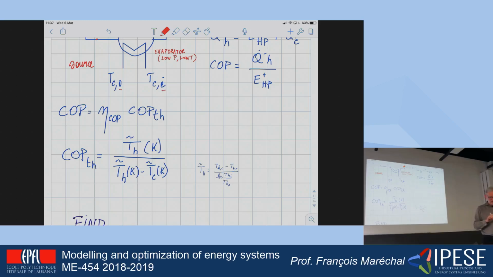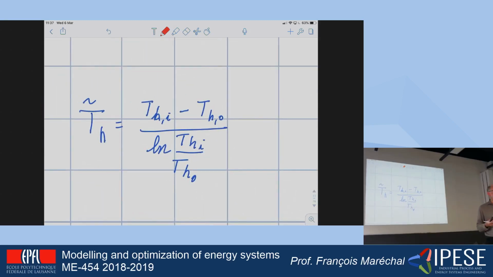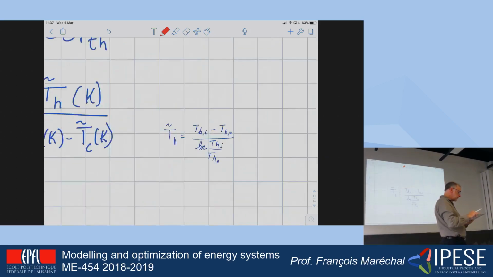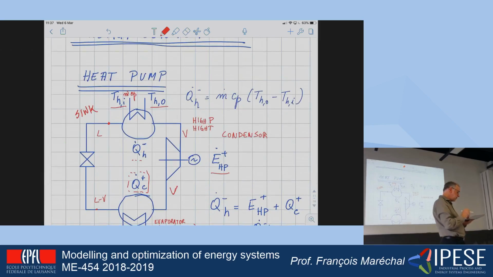So, as it is shown here, the logarithmic mean value for the heat sink is the inlet temperature minus the outlet temperature, of the hot water that is produced, for example, divided by the logarithm of the ratio of the inlet and the outlet temperatures. Okay, so the temperature of the heat sink here is based on the mean value between those two temperatures here. Okay, in Kelvin, please. It's thermodynamics.